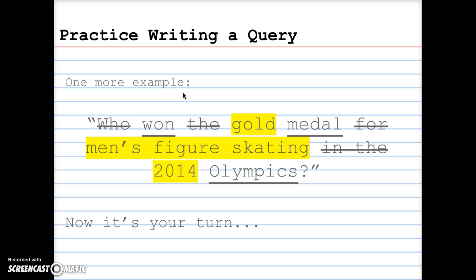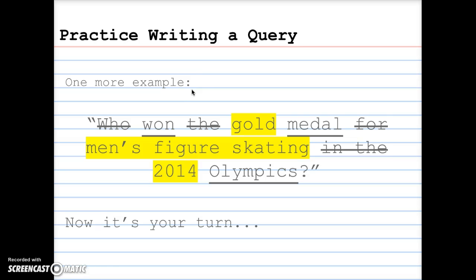Missing words. There really aren't any for this particular search because our question was pretty specific. And lastly, we eliminate any of those preposition words that aren't necessary to our search, such as who, the, for, and in the.